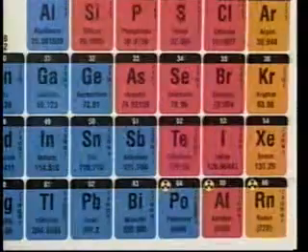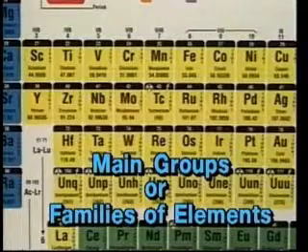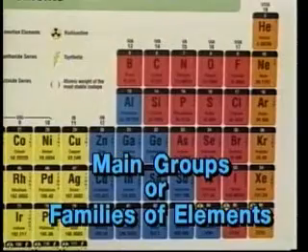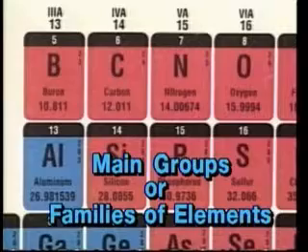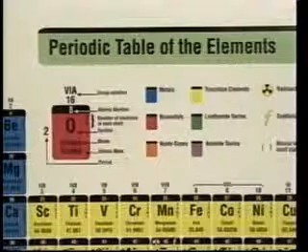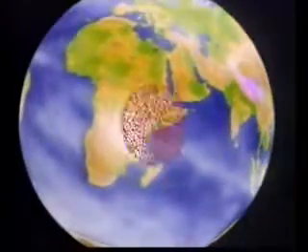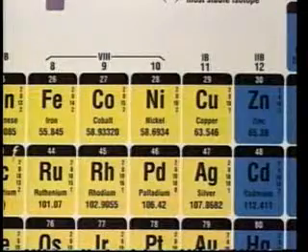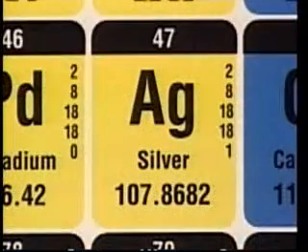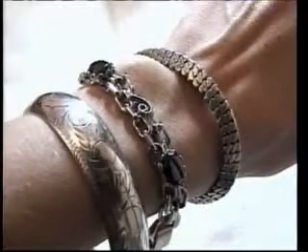And finally, we looked at the groups or families of elements that are precisely classified in this remarkable table. Indeed, learning about this table heightens our awareness that our world is made of matter, comprised of the atoms of elements, and that in various ways, each of the elements in the periodic table is part of our lives.